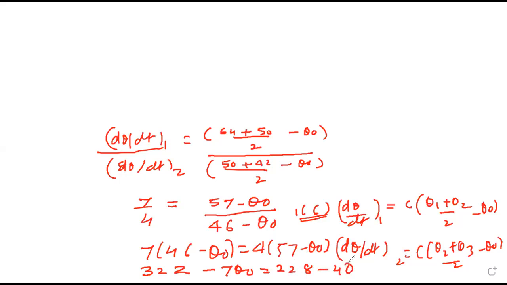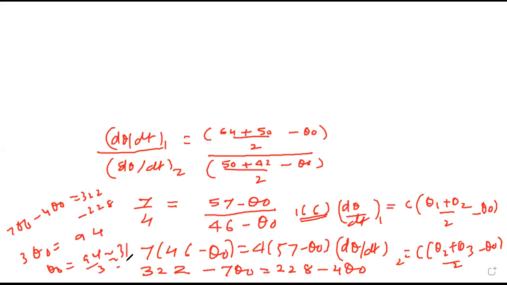Minus 4 times theta 0. That will become 7 theta 0 minus 4 times theta 0 equals 322 minus 228. So 3 times theta 0 is 94. So theta 0 is 94 upon 3, which is approximately 31.